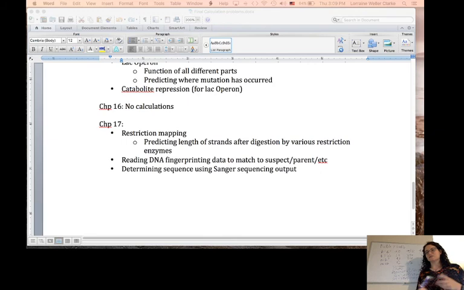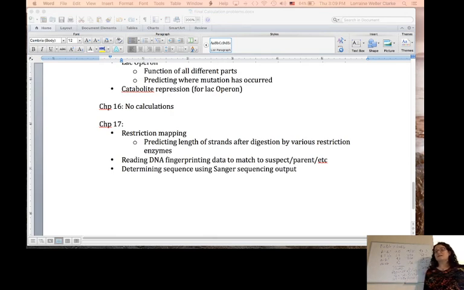Okay, complete digestion. And so comparing those, basically just mark out, okay, if it cuts here, here, and here, then what would I see if only one of them cut? What would I see if both of them cut? And just make sure it all adds up to the end number. And then where would you see bars? Base pair lengths.